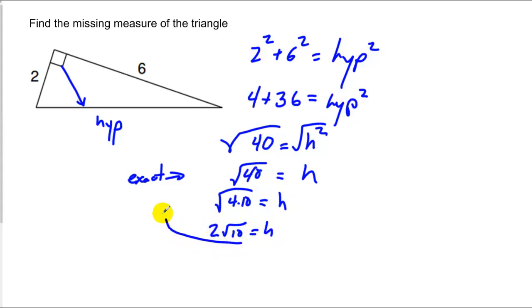Once again, this is an exact value. If I wanted the approximate value, I'd take the square root of 40, which is about 6.3 if I round to the tenth, is equal to h. And that again is an approximate value.